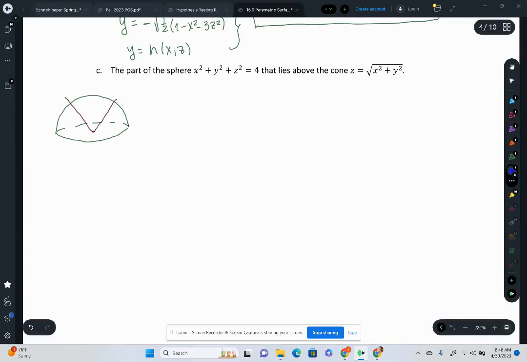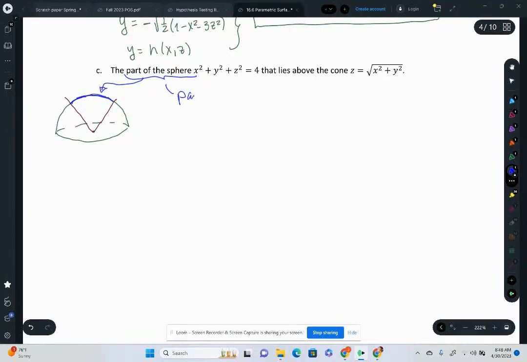So this is the region that we want. That's it. So it's got bounds that are created by the cone, but the cone is not actually going to be part of our parametrization. We are parametrizing the sphere.